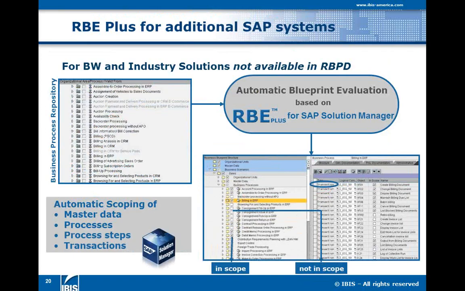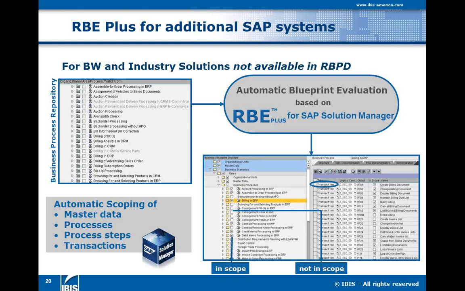Now, if you're running systems that are not analyzable by RBPD, then RBE Plus services can be used to analyze those systems. So we can analyze your BW system, CRM system, SCM processes, and we can do this with our RBE Plus tools.